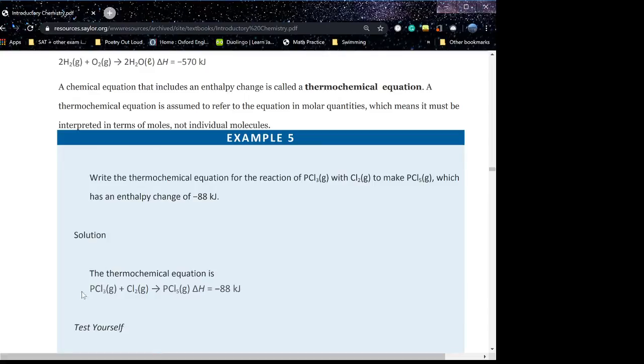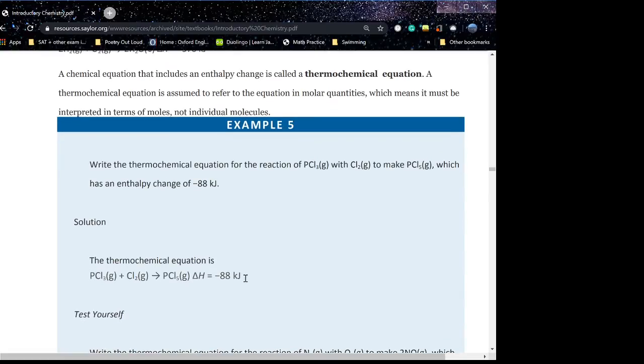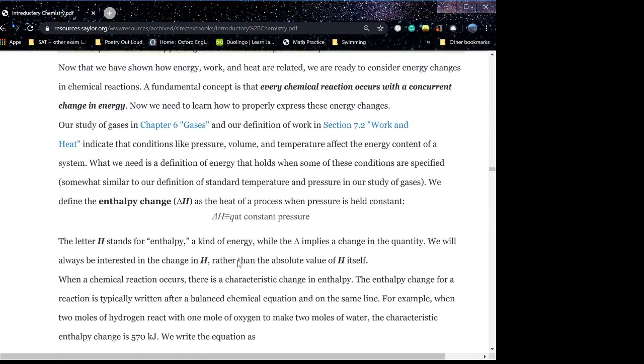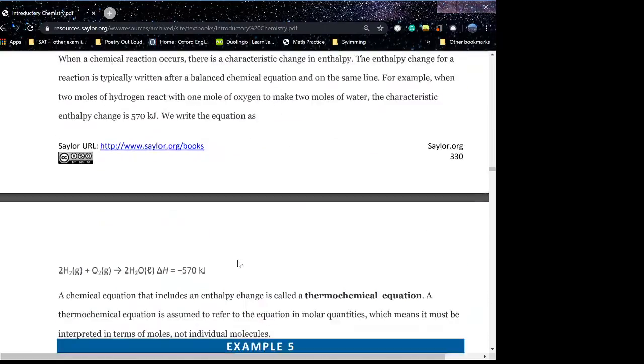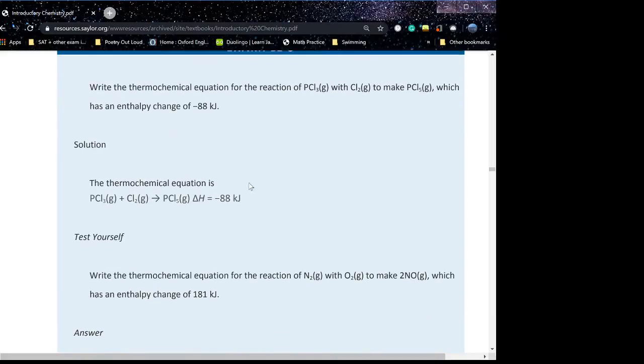So this thermochemical equation is balanced, and it has a delta H of negative 88 kilojoules. This may seem repetitive at first, but it makes everything very clear in terms of which way the energy change is going. Delta H can be positive or negative.